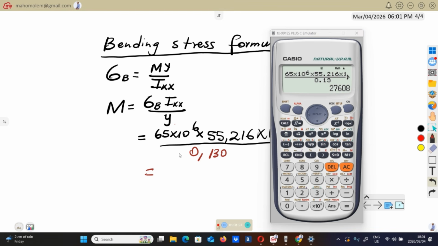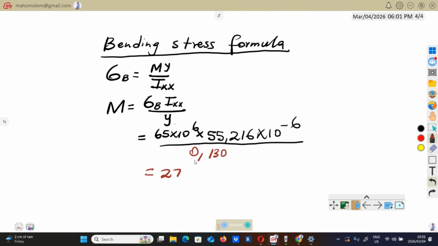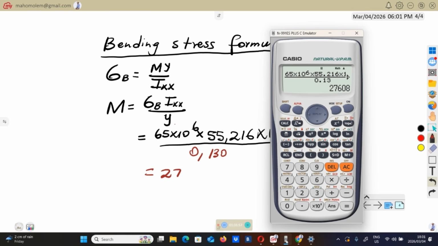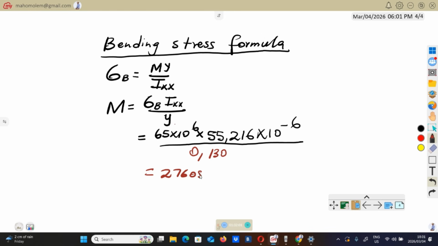Yeah, so I'm getting 27608 Newton-meters. It can be 27.608 kN. So that is the bending moment. But remember, the question didn't ask us for bending moment. The question is looking for W, the load that must be applied on that beam.